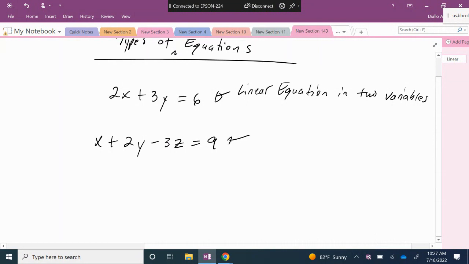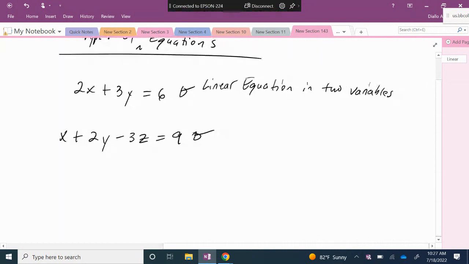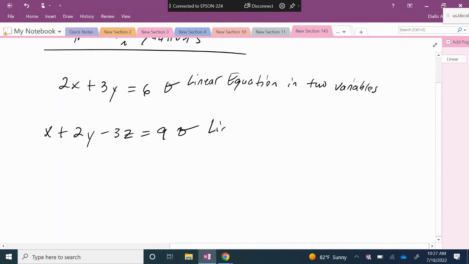This linear equation has three variables: an x variable, a y variable, and a z variable. So this would be a linear equation in three variables. Now, you can have as many variables as you want, but the thing we want to keep in mind is that the largest power for any one of those variables is the understood one.